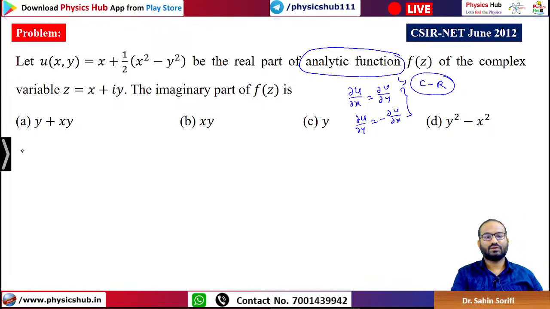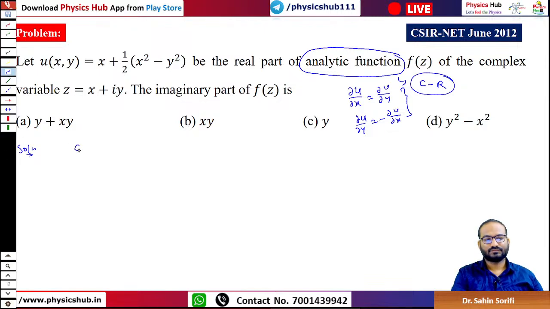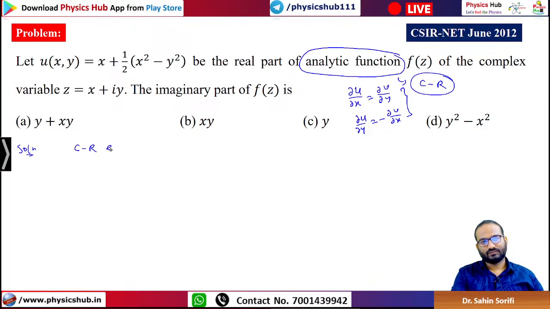So let us use the Cauchy-Riemann conditions. The Cauchy-Riemann equations say del u by del x equals del v by del y, and del u by del y equals minus del v by del x.